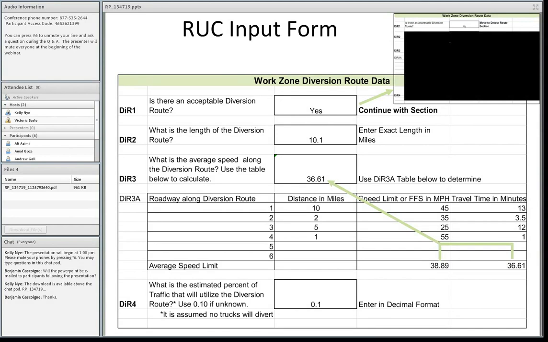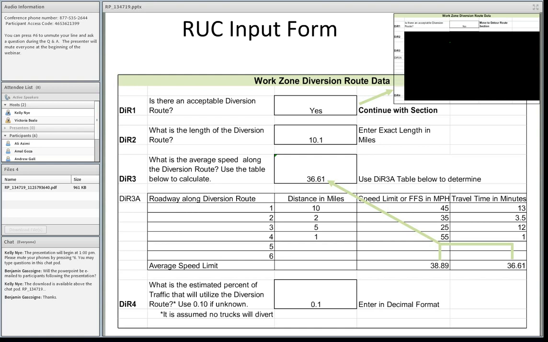So if there is an acceptable diversion, we're looking at the length of that diversion route to compare it with the length of the work zone route. What is the average speed? The average speed can be calculated in one of two ways. We could have several roadways along that diversion route.